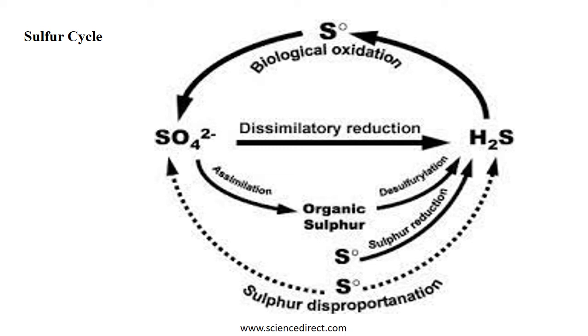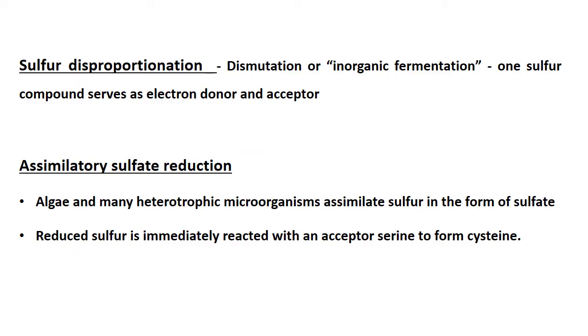So there are different processes involved in sulfur cycle: oxidation of sulfur, dissimilatory reduction, sulfur assimilation, desulfurization, sulfur reduction, sulfur disproportionation, etc. So what is sulfur disproportionation?